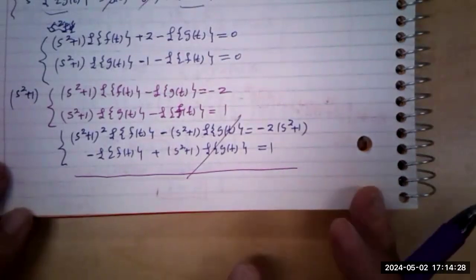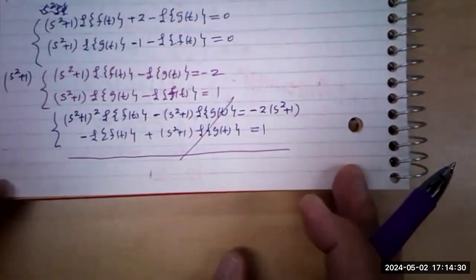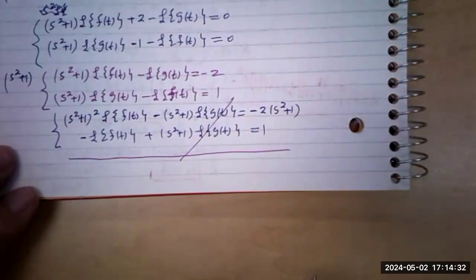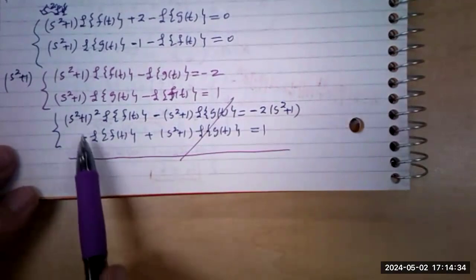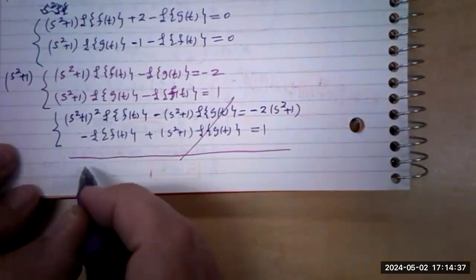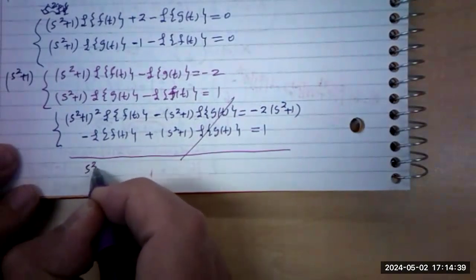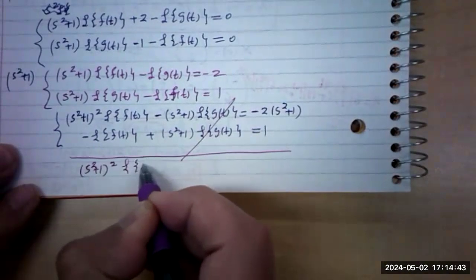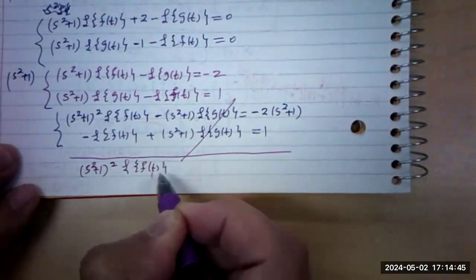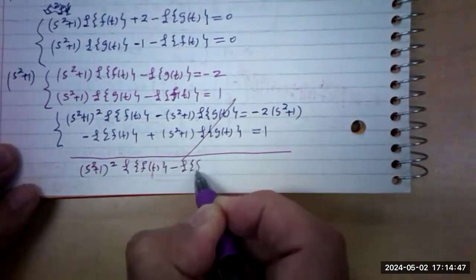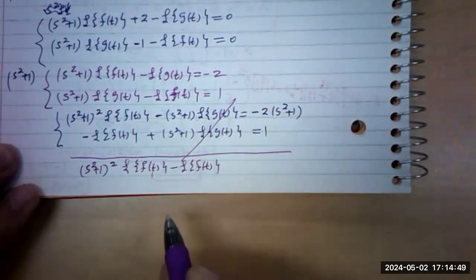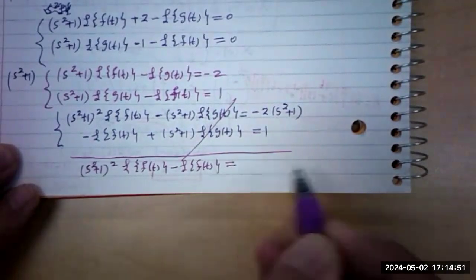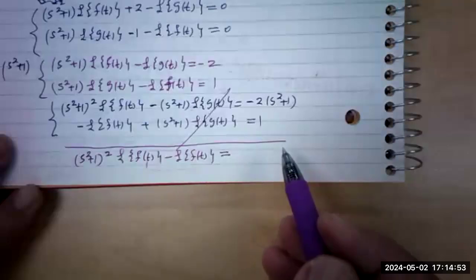Now you add them together, the leftover, and you solve for Laplace of f of t. We add these together, so that gives us s squared plus 1 whole squared Laplace of f of t, minus Laplace of f of t, and on the other side, add these two together.